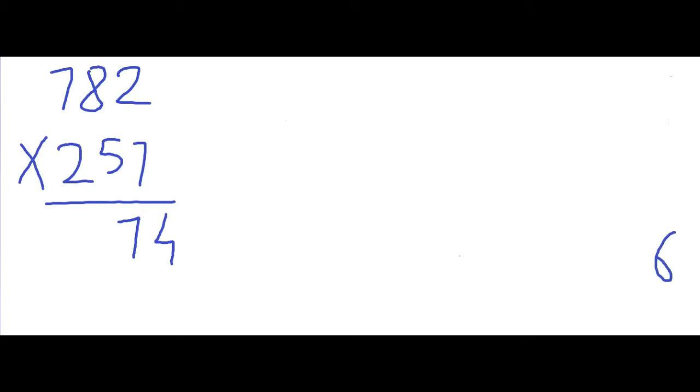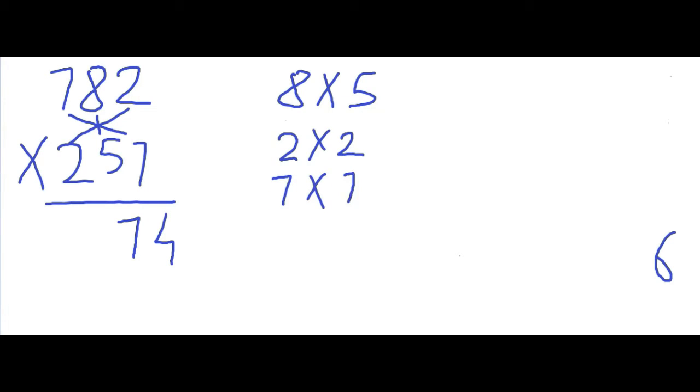So move to the next step. In the next step, multiply the 8 to 5, 2 to 2 and 7 to 7. So 8 into 5 is 40, 2 into 2 is 4 and 7 into 7 is 49.